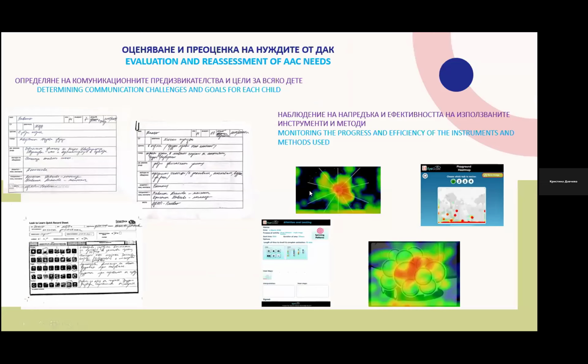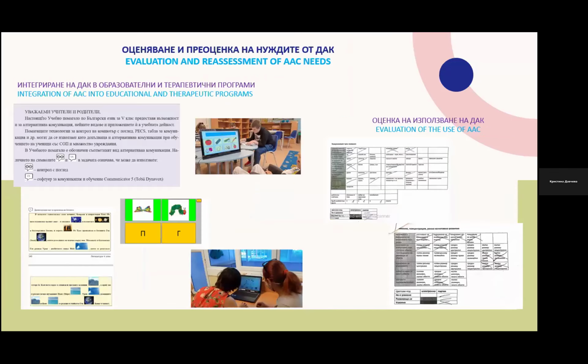The assessment and reassessment of AAC needs are a decisive part of the educational support process. Software still meets their changing needs and goals and helps optimize their learning experience.